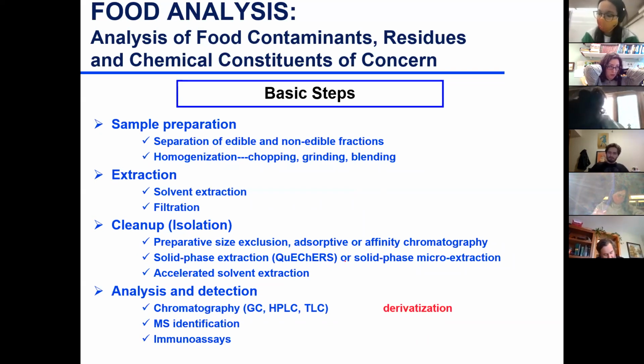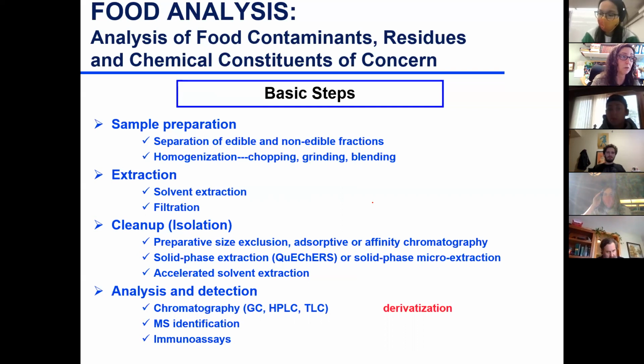So this is a very common method of cleanup. So it can be regular solid phase extraction or solid phase microextraction on a micro scale, depending on the concentration of the samples. And the accelerated solvent extraction, we talked about it during the fat analysis chapter.